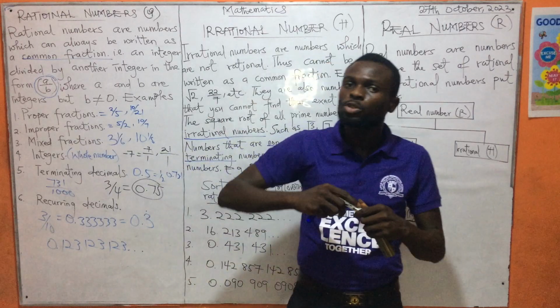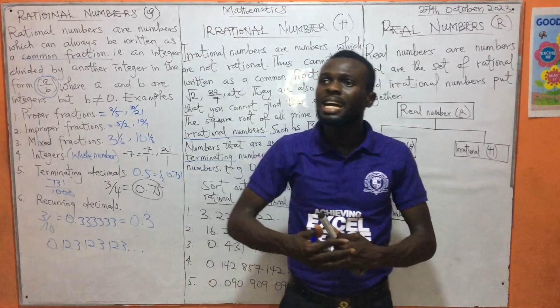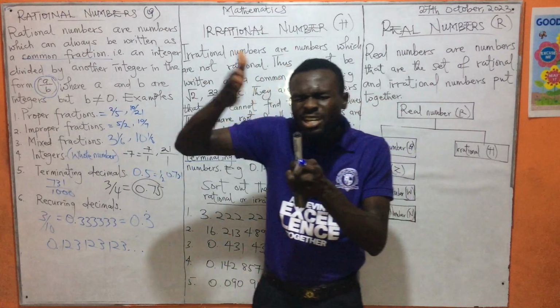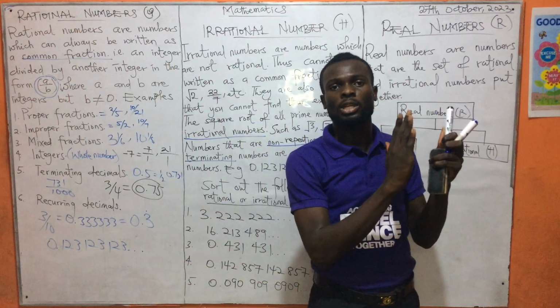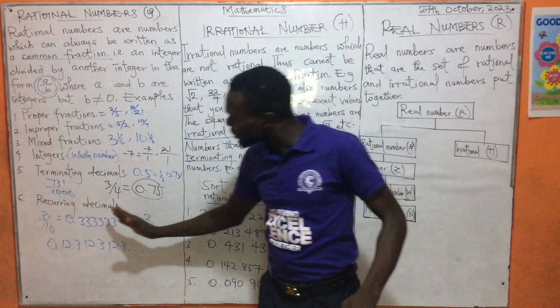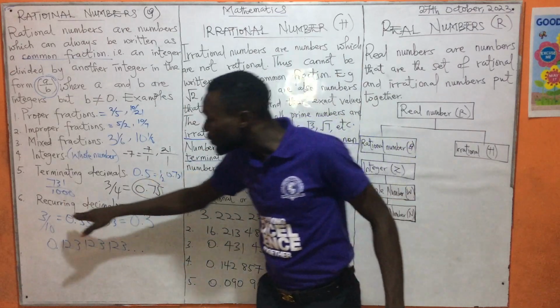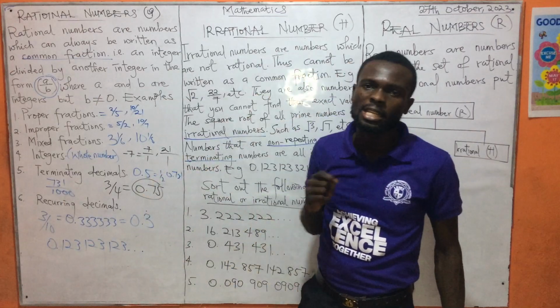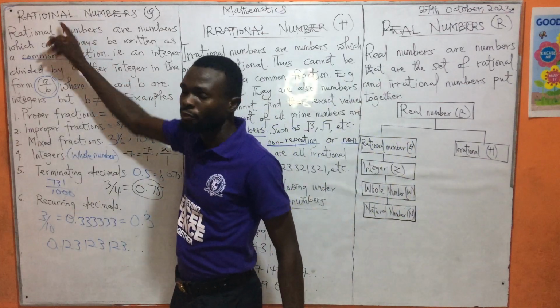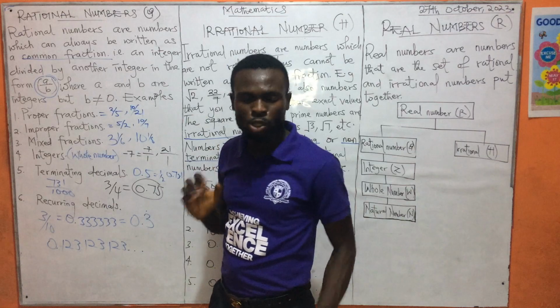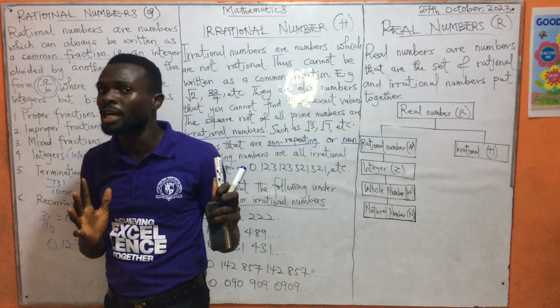But the one that has no end keeps on going in a certain order. If it is not going in a certain order, then that one is different. But once it is going in a certain order, then we call it a recurring decimal. And all these are examples of rational numbers. So now we know what rational numbers are.